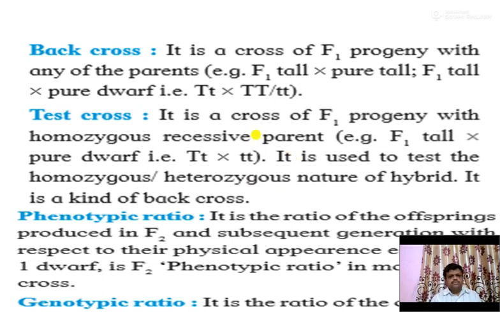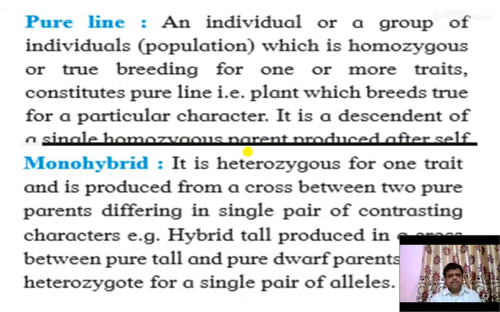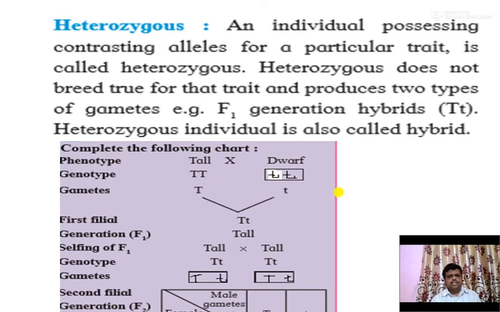Let us move towards one more thing, that is the monohybrid cross. Let us see again this example. What is a monohybrid cross? It is a cross between two pure parents.